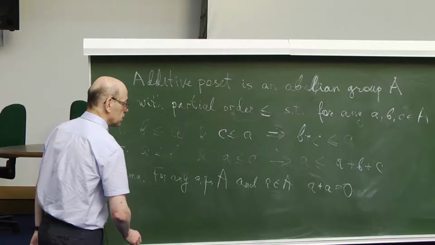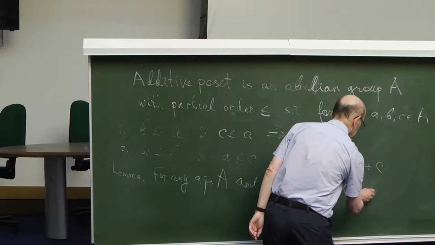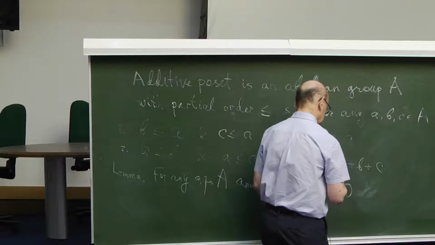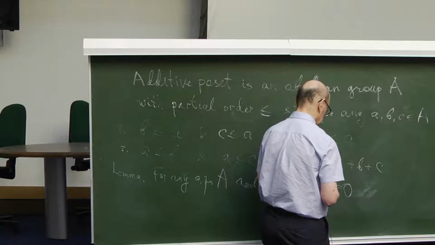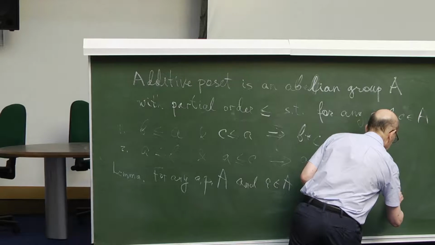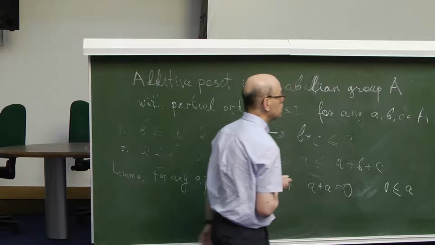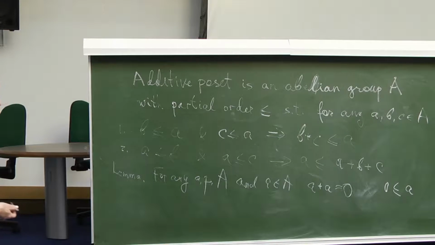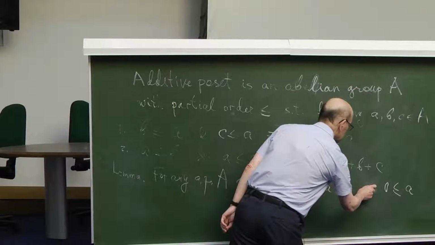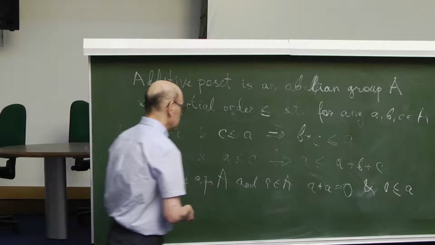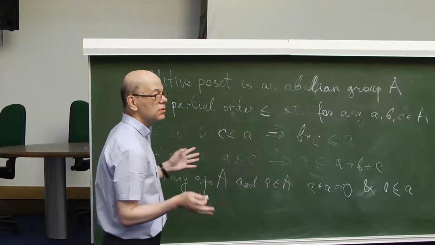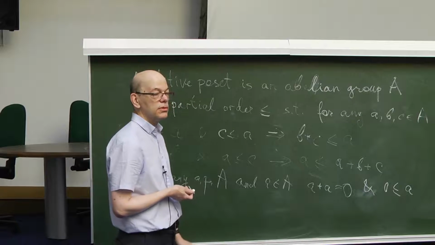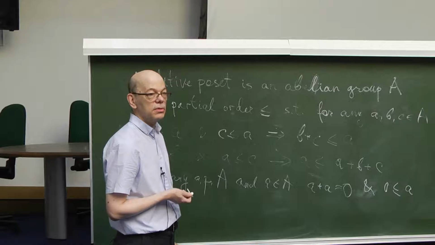Also, the zero of the abelian group is the least element: 0 is smaller than or equal to A. So in fact, it's about vector spaces over Z2. So no point in trying to consider something more complicated so far.